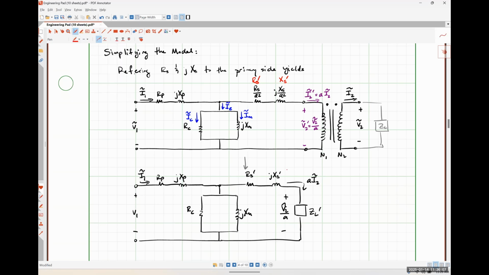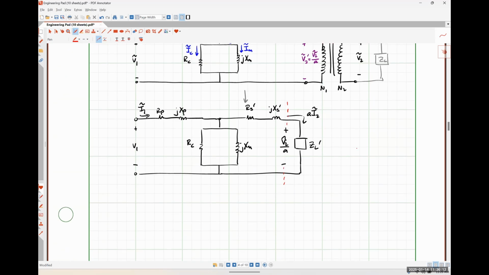I'm just going to put a dashed line across here, and everything over here is the T equivalent circuit, including the fact that our voltage on the secondary side there is V2 over A, and our current on the secondary side over there is A times I2. Okay.